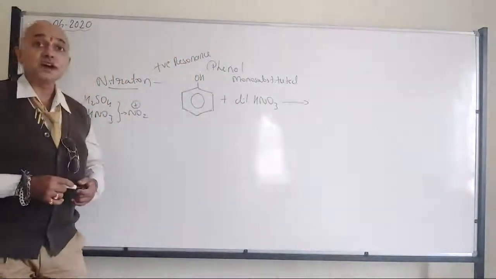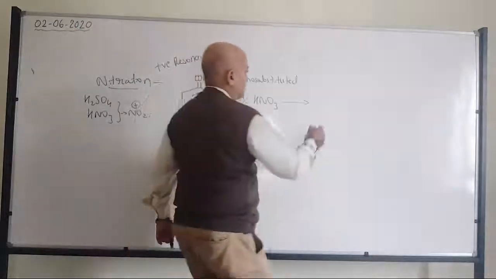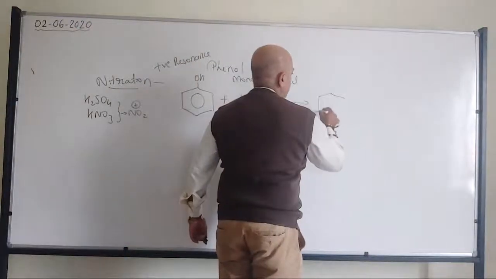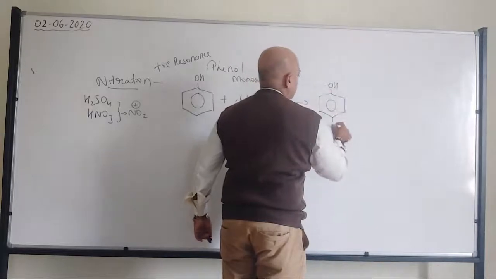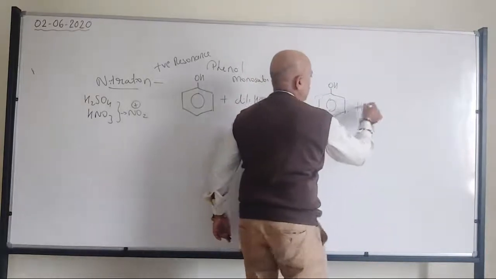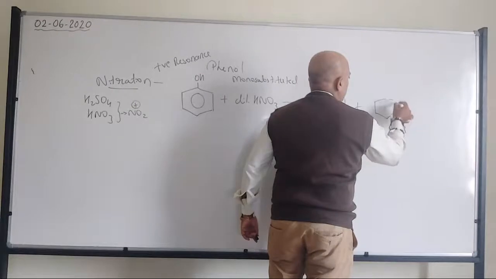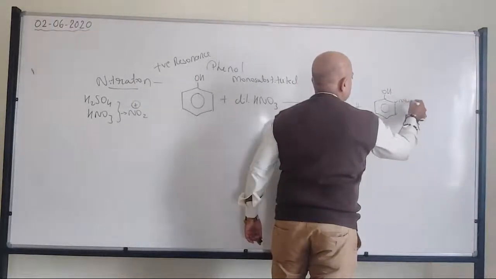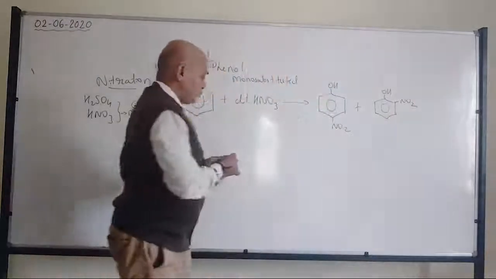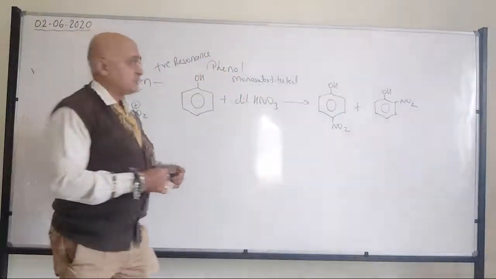In the presence of dilute HNO3, naturally, we are going to get two products. One will be major and another one will be minor. Right? Only one position NO2 group will be attached. That's why it is called mono-substituted. So what is this?